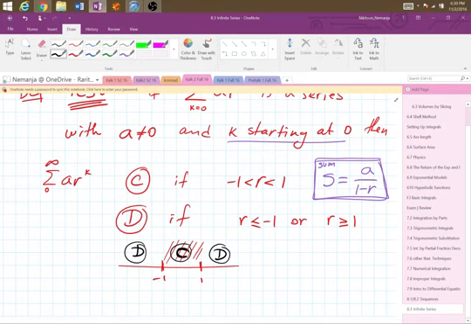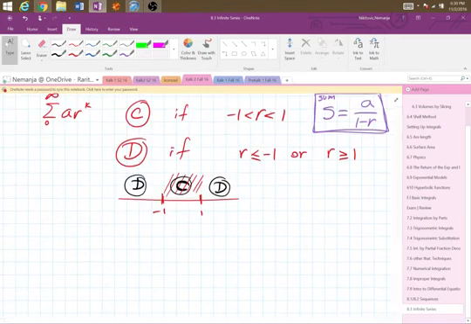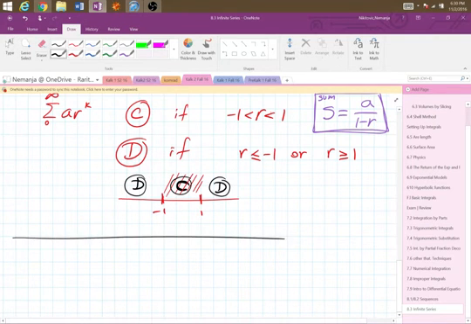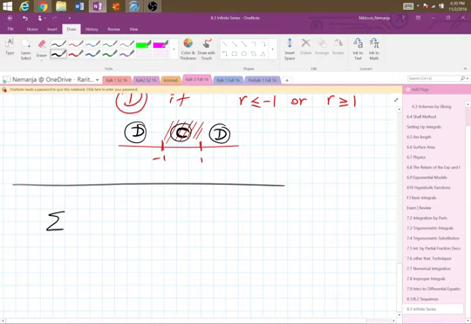Let's take a look at the examples. It will be much clearer when we have examples. First example says 4 times 1/3 to the k from 0 to infinity. Does this converge or diverge?